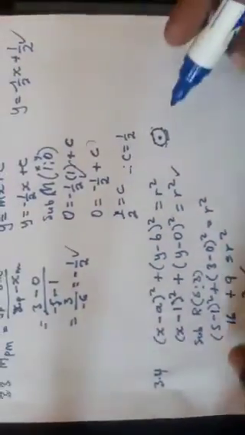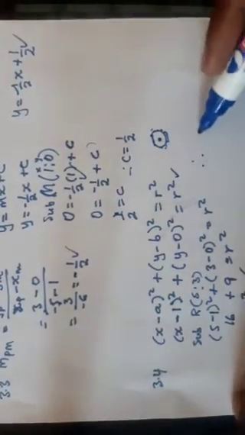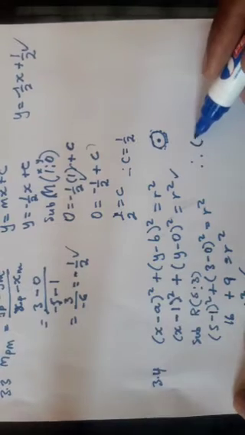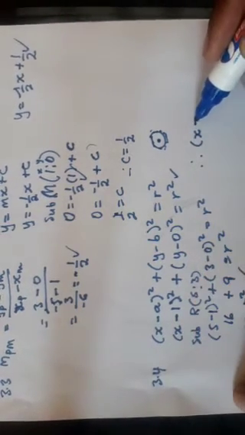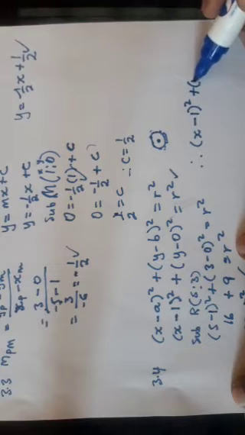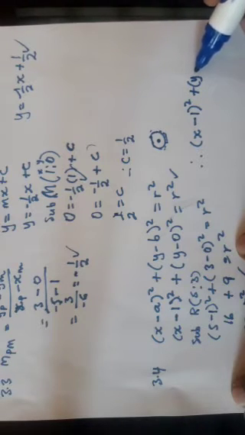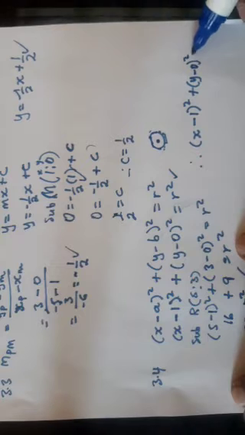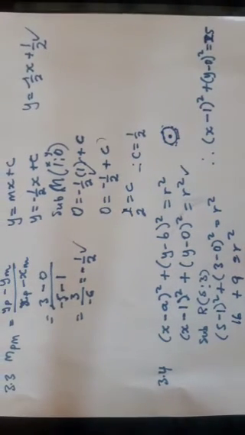Now let's write the complete equation. Therefore, our complete equation will be x minus 1 squared plus y minus 0 squared equals r squared, which is 25. That will be your complete equation, but you can simplify further.